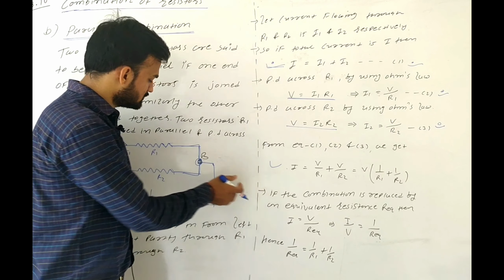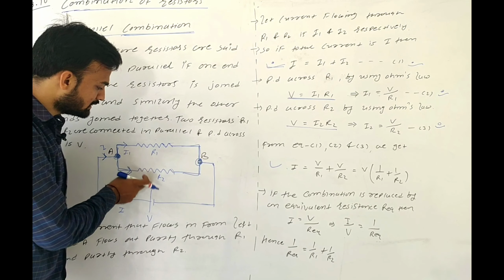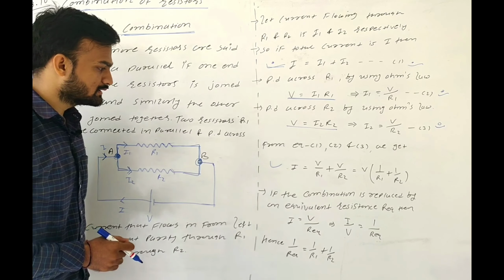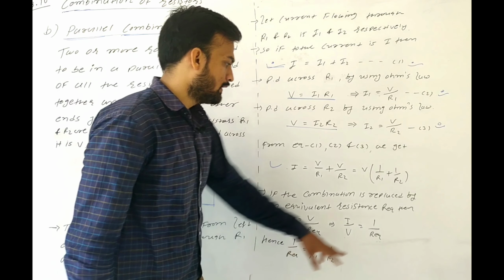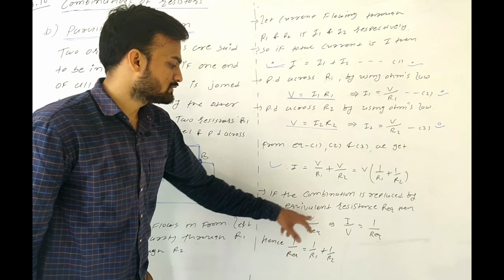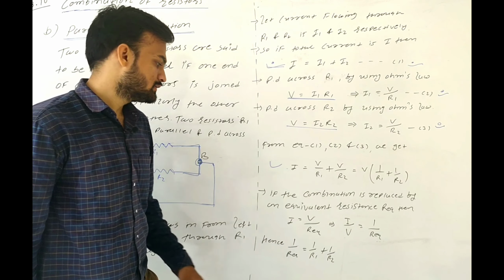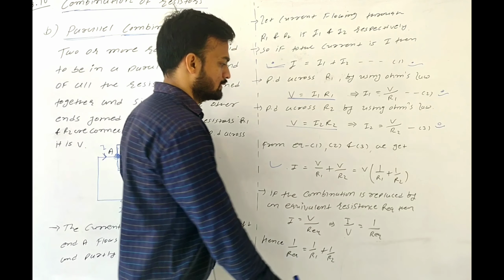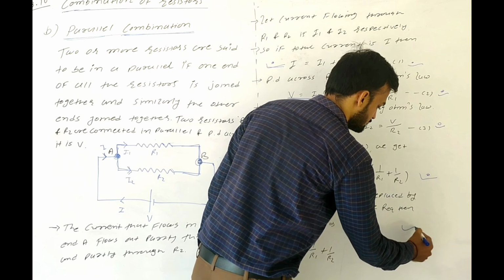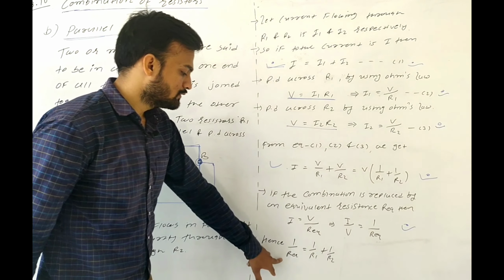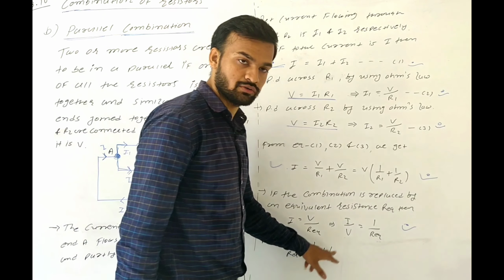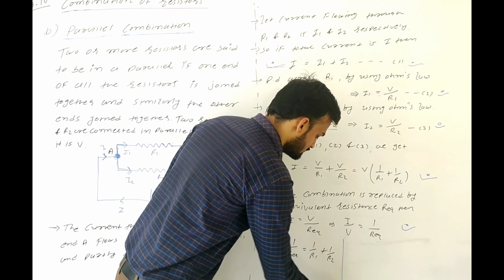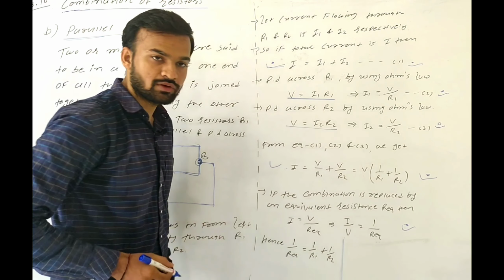Now if this combination of two resistors R1 and R2 is replaced by one equivalent resistance R equivalent, then I equals V by R equivalent, so I by V equals 1 over R equivalent. From these two equations, 1 over R equivalent equals 1 over R1 plus 1 over R2.